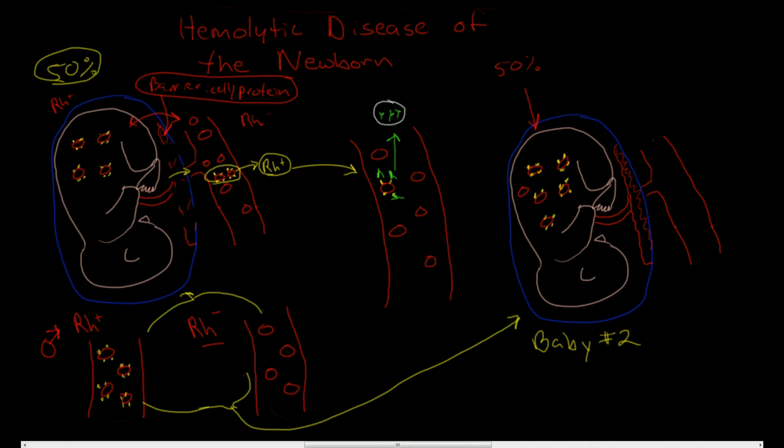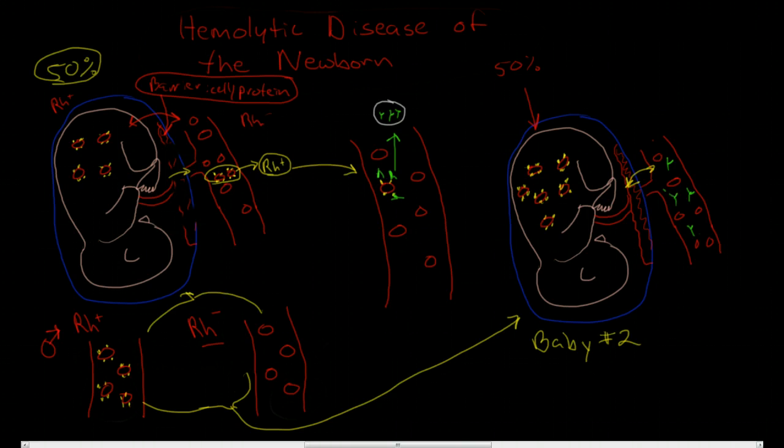And during pregnancy, again, there's no problem because there's no mixing across the blood-placenta barrier. But this mother's blood now has plasma cells that are generating antibodies against Rh.